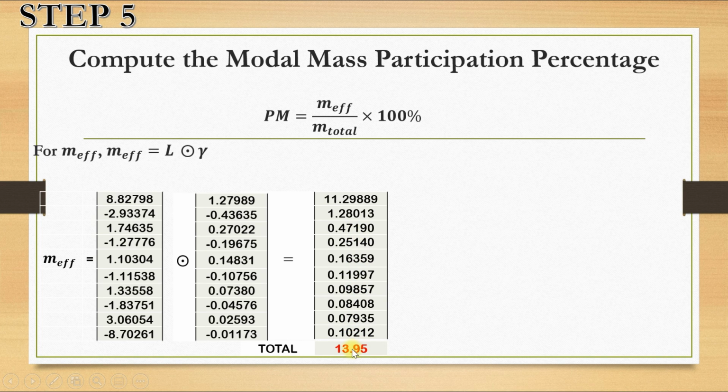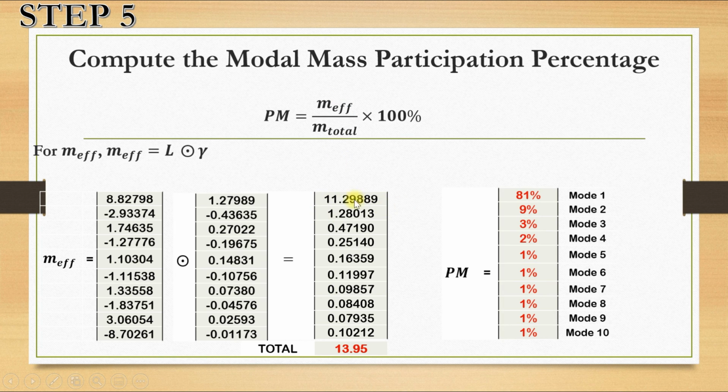Ngayon, magagamitin natin ito para makuha natin ang PM. So, since meron na tayong value nito, so pwede na natin makuha ang PM. So, ang gagawin lang natin dito, i-divide natin ito sa 13.95. So, each one, i-divide natin ng 13.95.